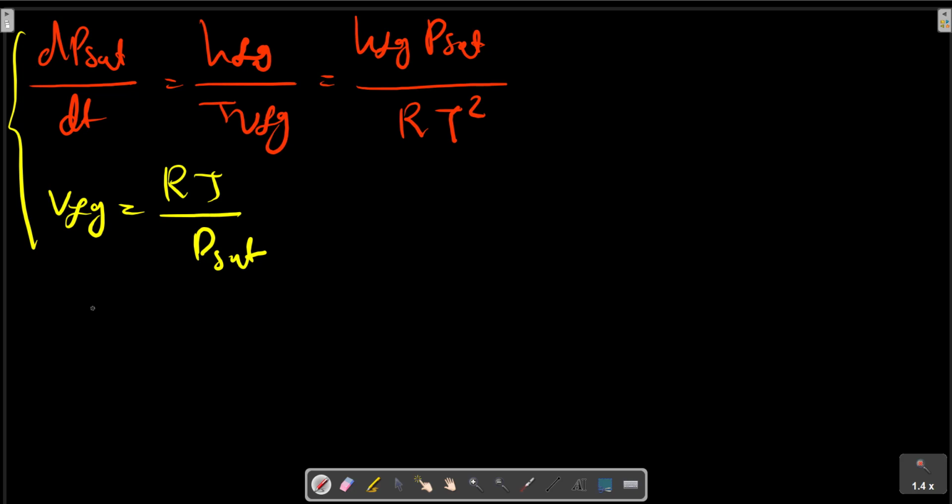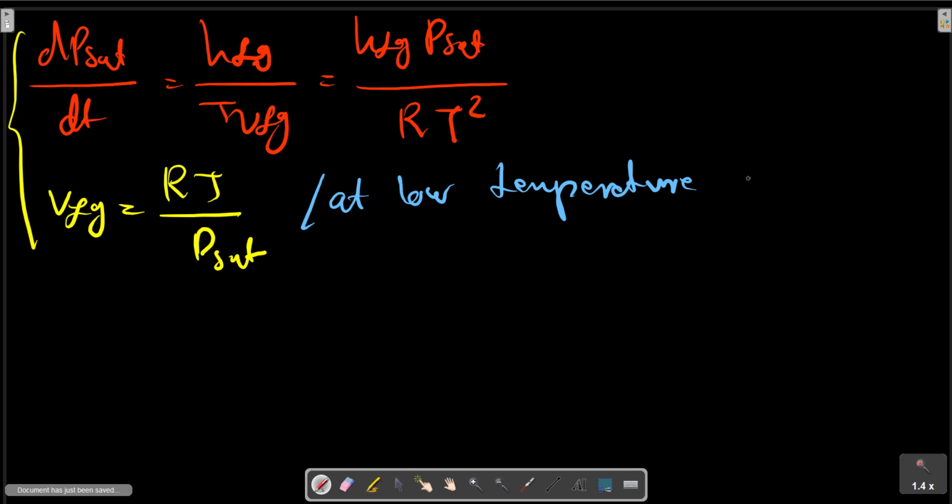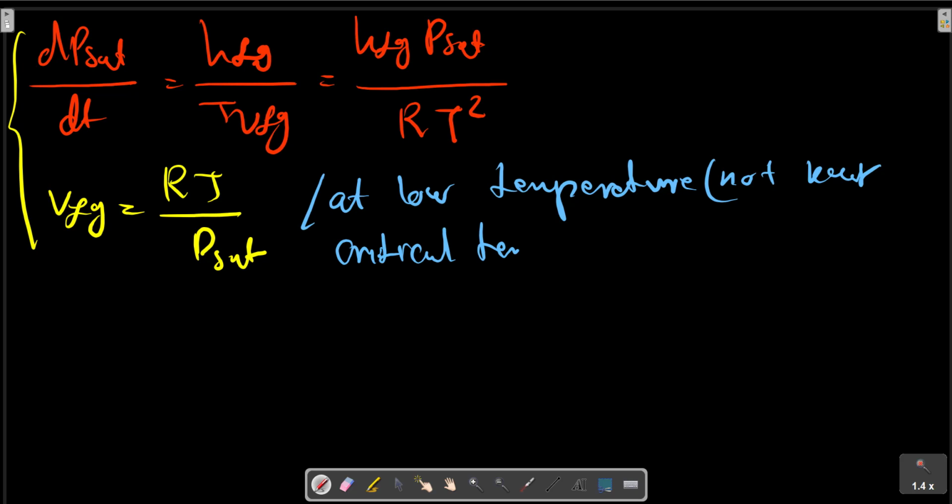So we can write, at low temperature but not near the critical temperature, hfg does not change very much.